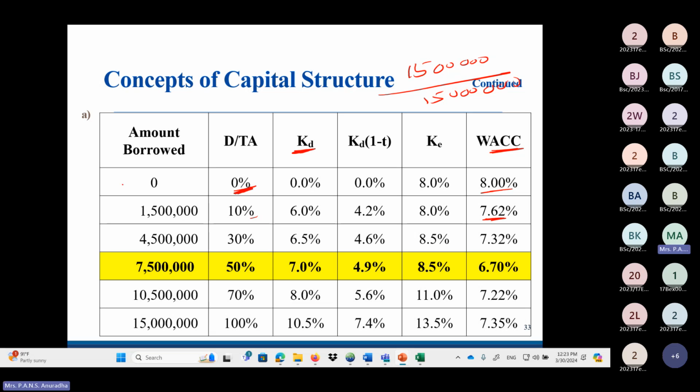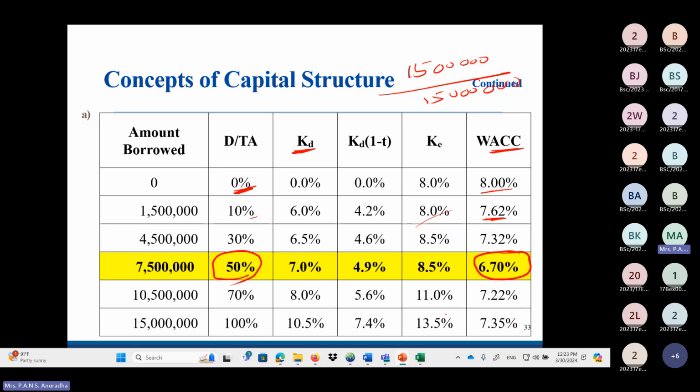So among these six capital structures, this is the optimal capital structure, with the lowest weighted average cost of capital. At the optimal level, you can see 50% debt capital and 50% equity. For the exam, you should be able to identify this optimal capital structure by calculating these numbers.